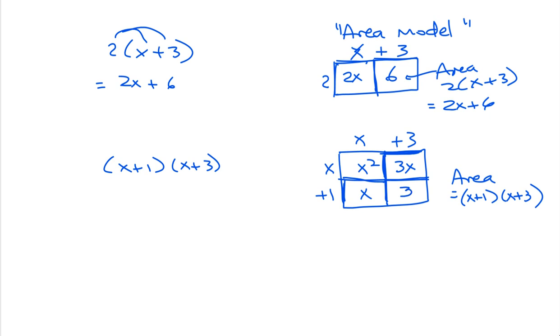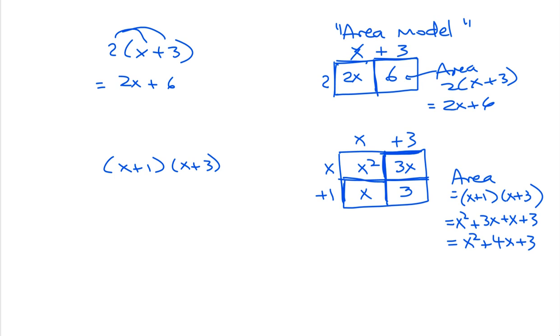When I add up all the areas, I'm going to get x squared plus 3x, I'm just adding up the rectangles inside, plus another x plus 3. And when you collect the like terms, you get x squared plus 4x plus 3. And that's the multiplication. So you end up really with 4 parts. Because 2 of the parts are both terms that have x, when you collect the like terms, you end up with 3 terms.